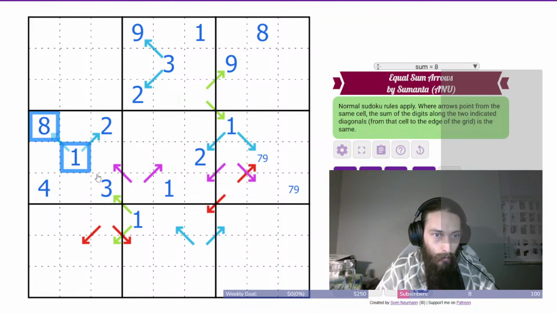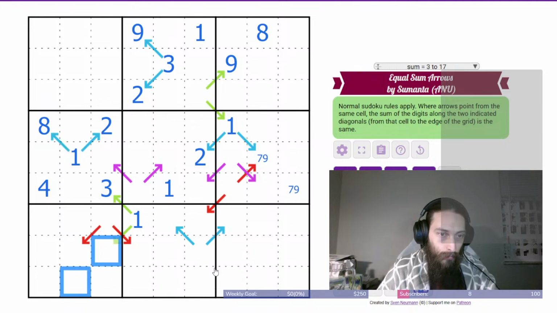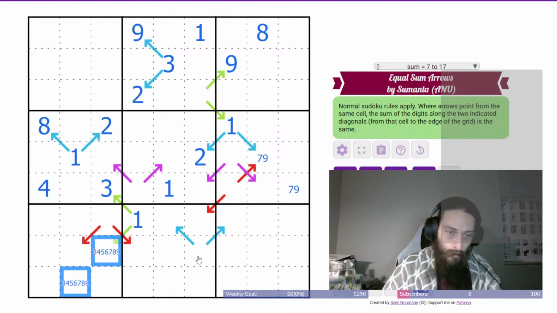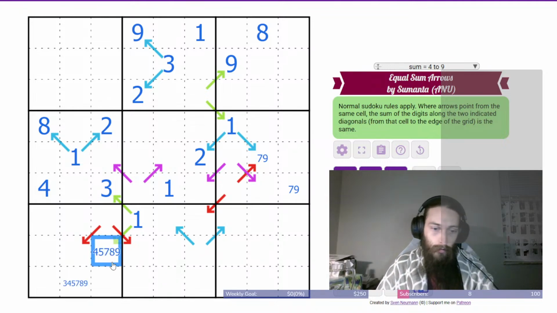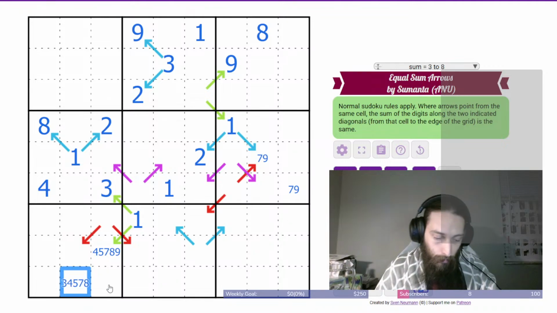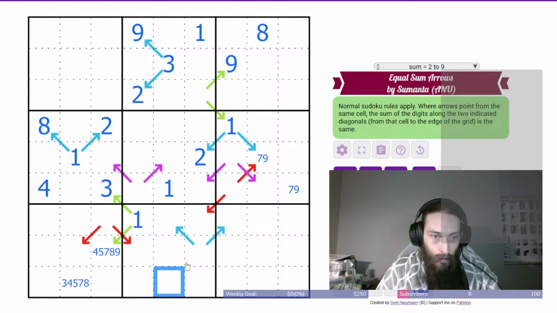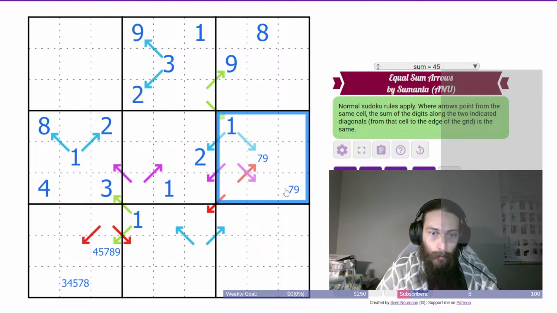And now these three are these two, according to these two green arrows. And that's 4 and 8, which is 12, which has lots of options, but I'm going to go ahead and put those in. They can't both be 6. This isn't a 3, and that's not a 9. Where's an 8 in this box?